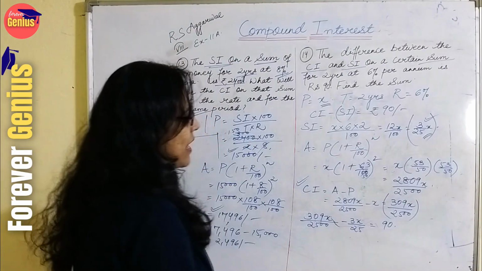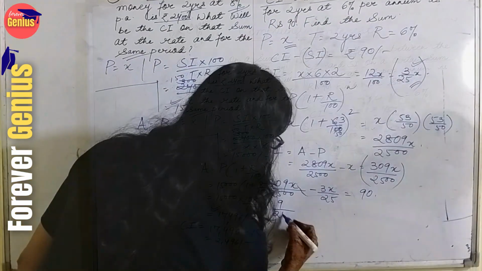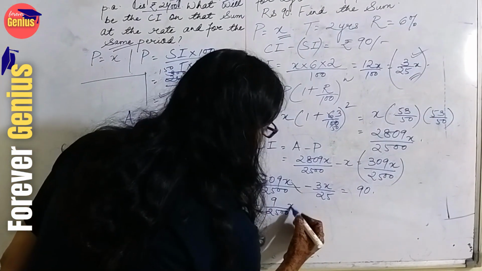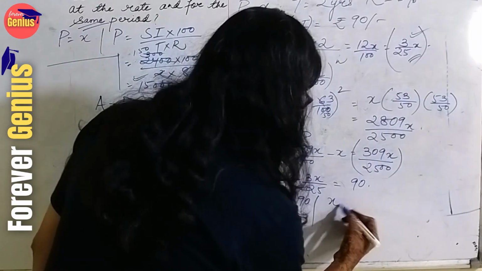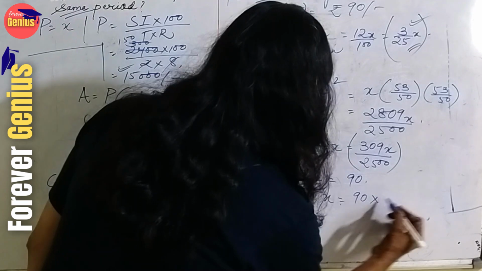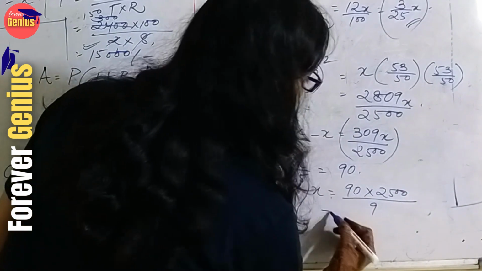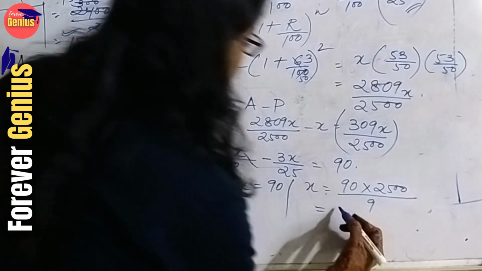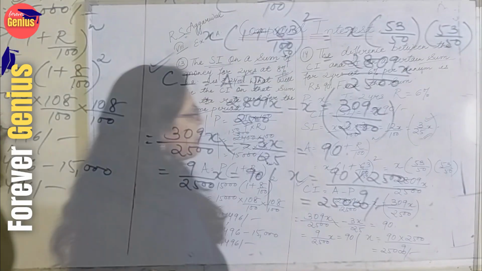After taking the LCM, if I solve, this is coming to 9x by 2500 is equals to 90, or x is equals to 90 into 2500 by 9, which amounts to 25,000.